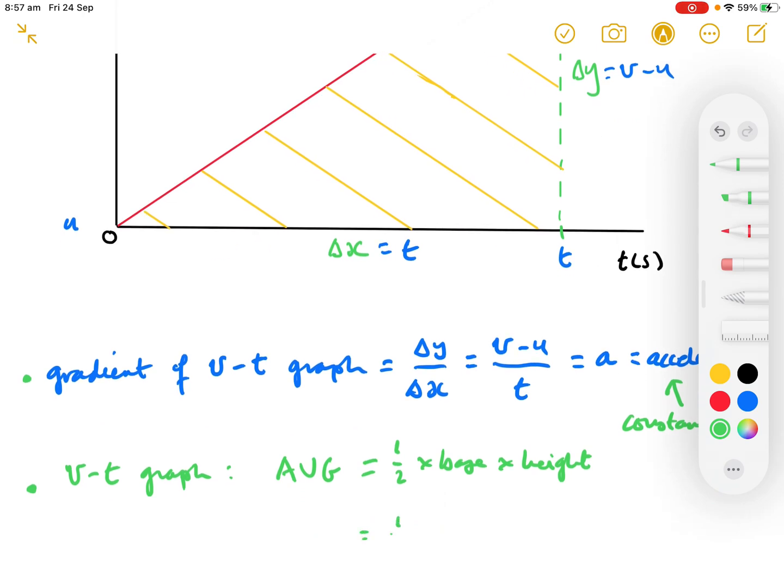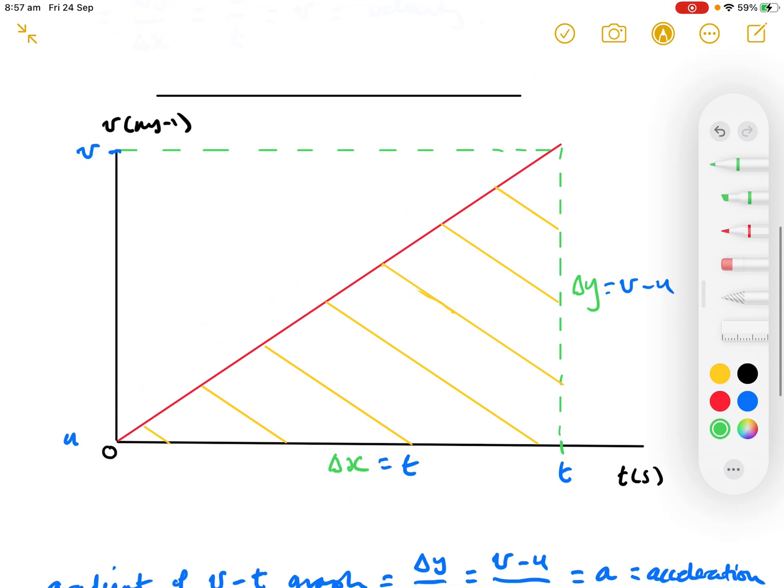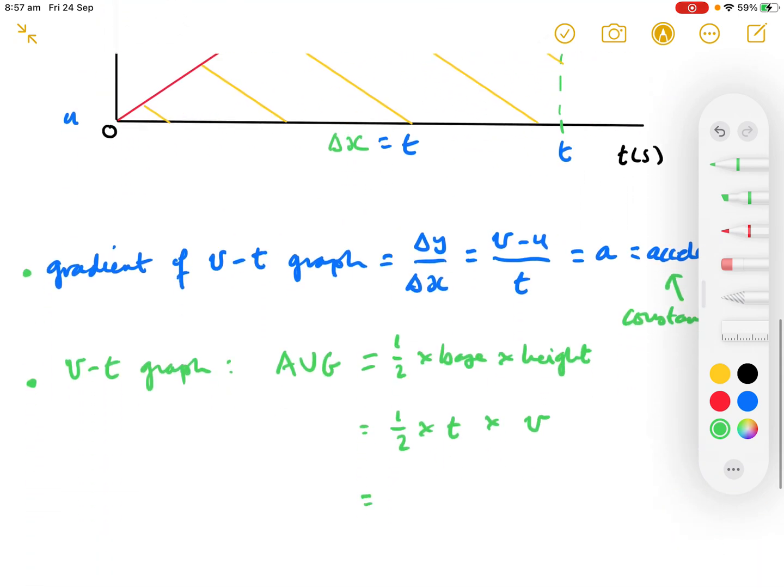And if you look at what the base is, that's a half of t times v. Now you can think of that as being a half of v times t.